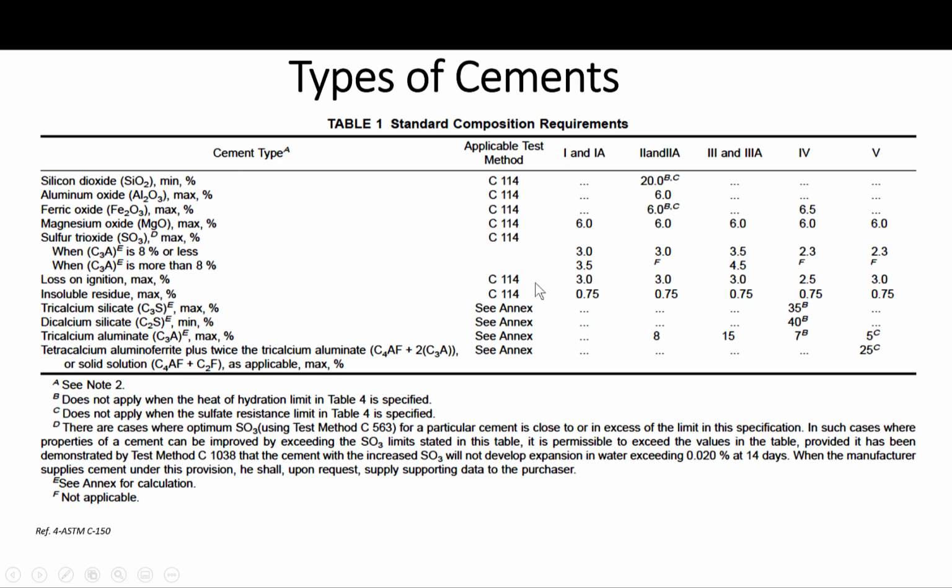Let me go back here, and again, these are the cement types here, and here the applicable test method to determine these properties. We talked about ASTM C150 about the chemical composition, the oxide chemical composition. Okay, so basically, again, you have to be familiar. You could read it, and if you have any questions, you could ask.